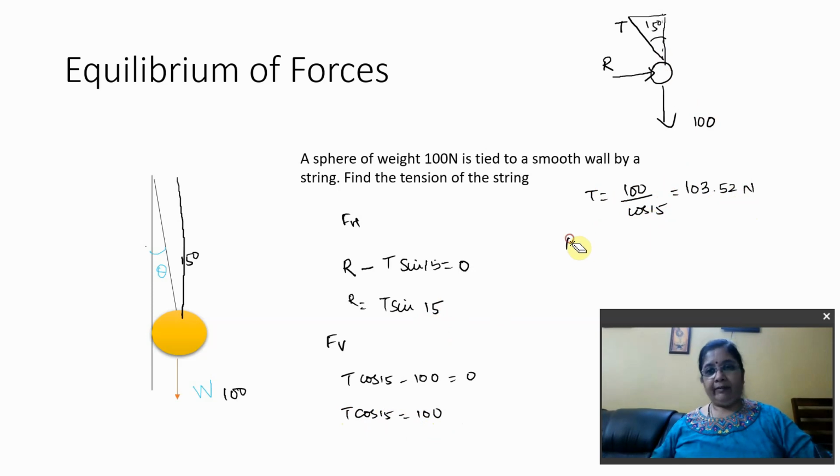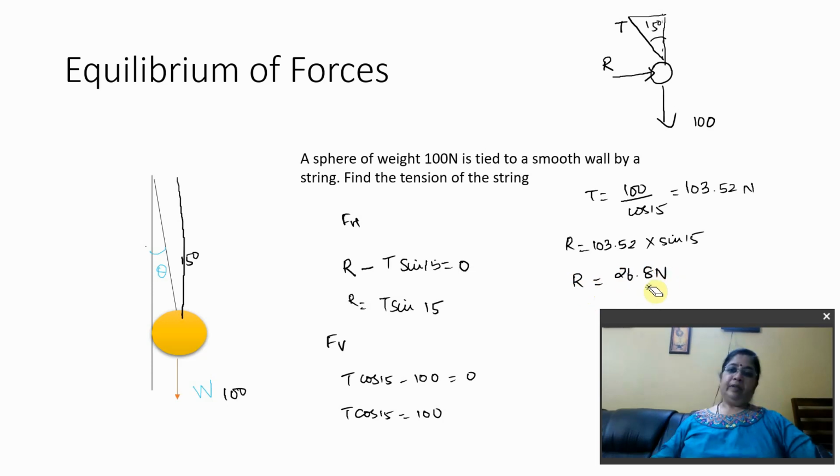So I have R is equal to 103.52 into sine 15. So my R now works out to be 26.8 newtons. So this is how you solve problems using free body diagram and also the force.